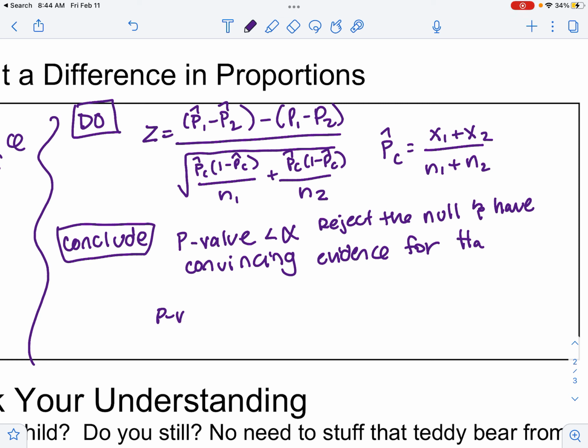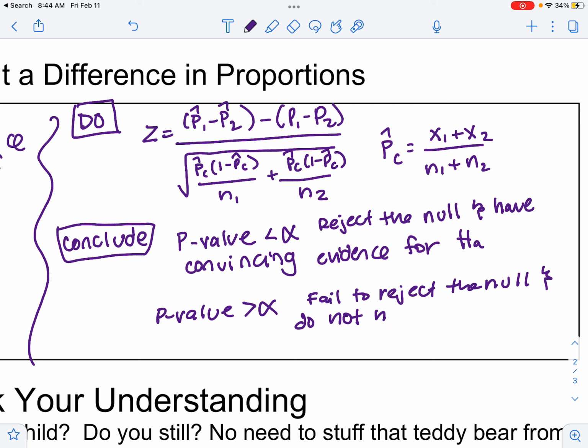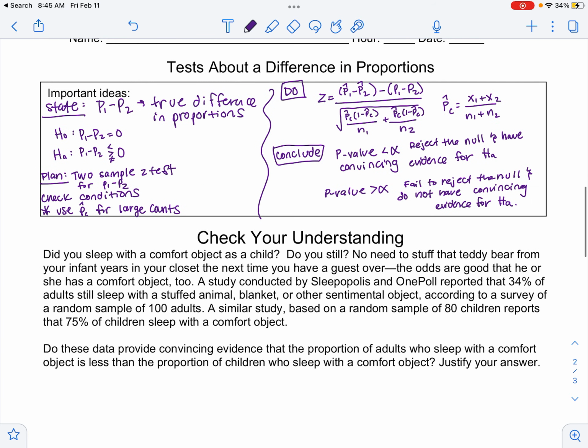If that p-value is greater than our significance level, that is when we fail to reject the null and do not have convincing evidence. Remember to also interpret your p. So try this, check your understanding, and if you have any questions, let me know.